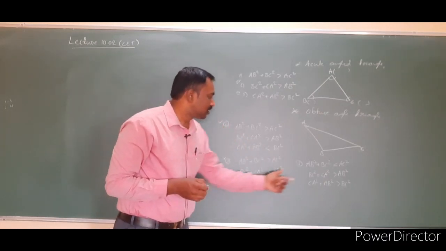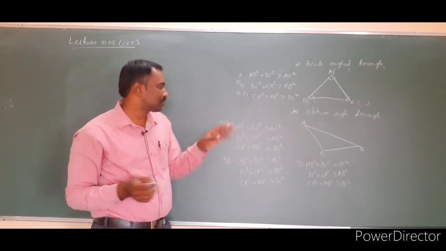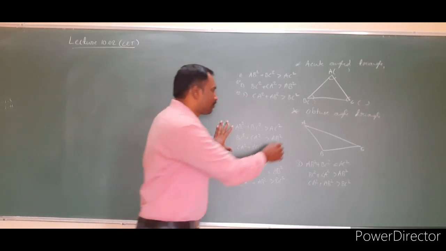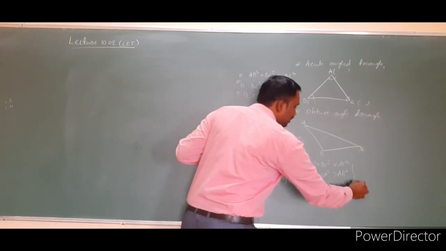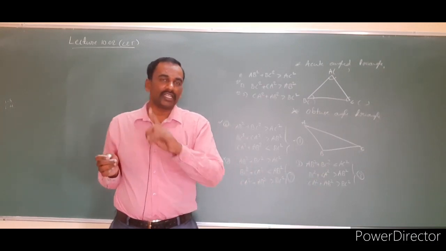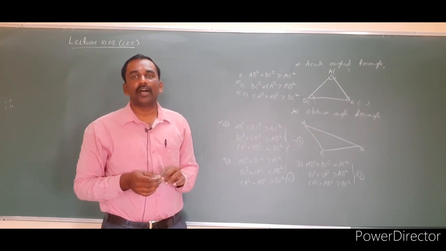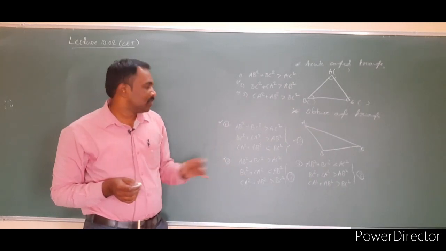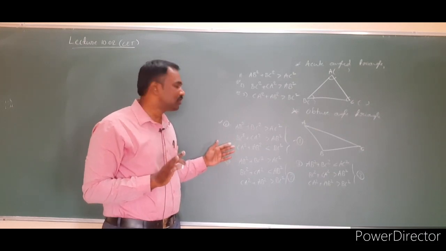Out of these three possibilities, this is condition number 1, this is condition number 2, this is condition number 3. If any one condition is satisfied, then you can say that the given triangle is an obtuse angled triangle. So how do we get all these? Are you confused? No need to be confused at all.